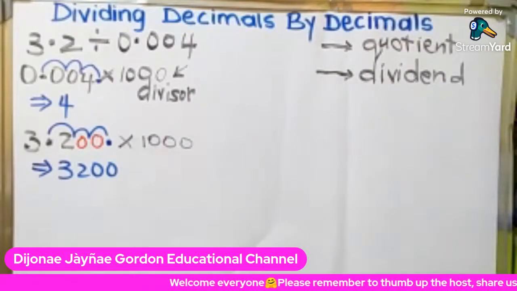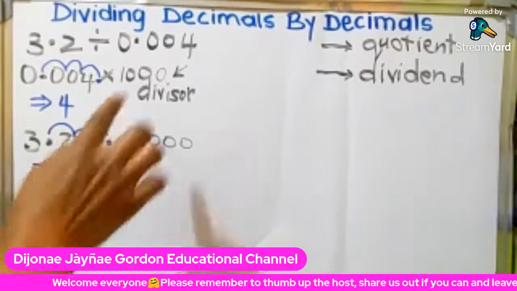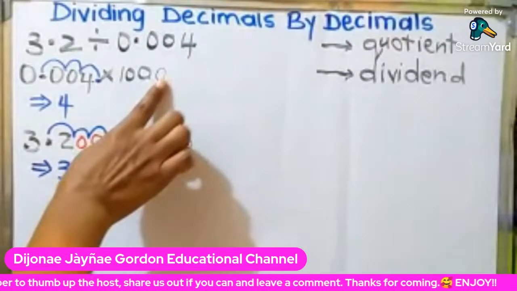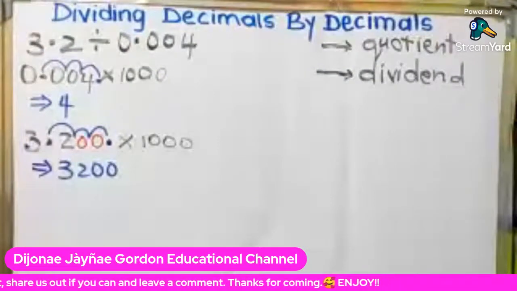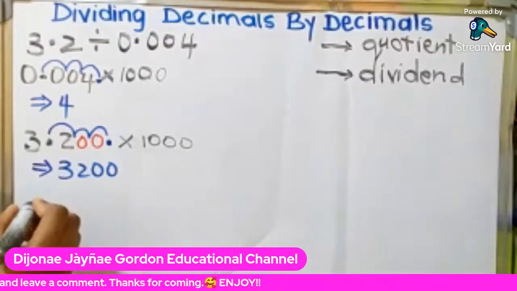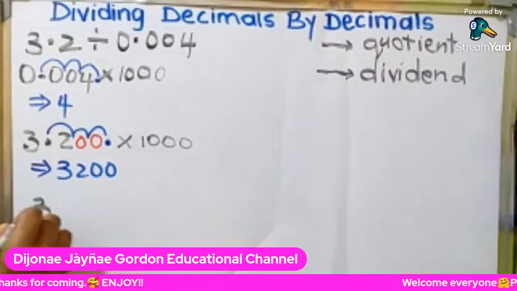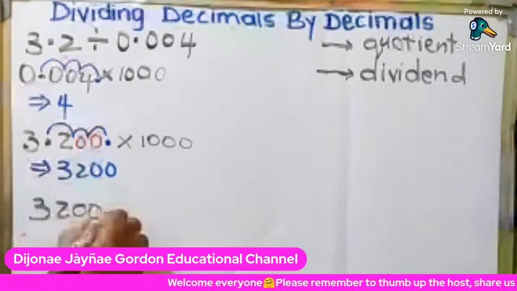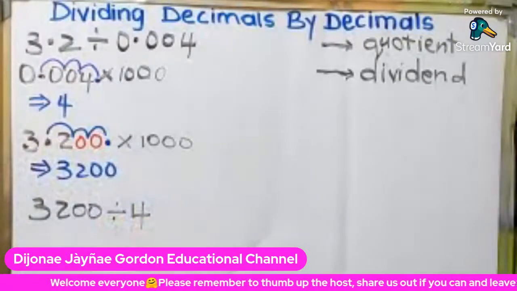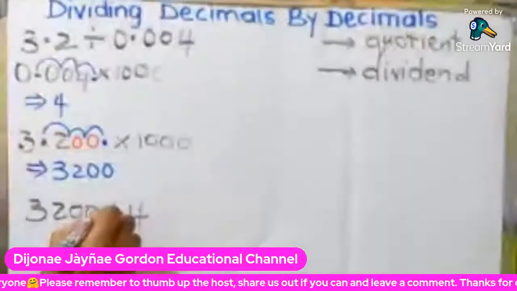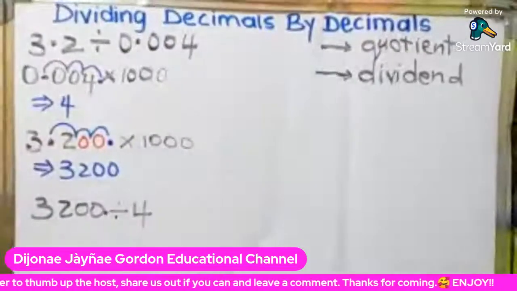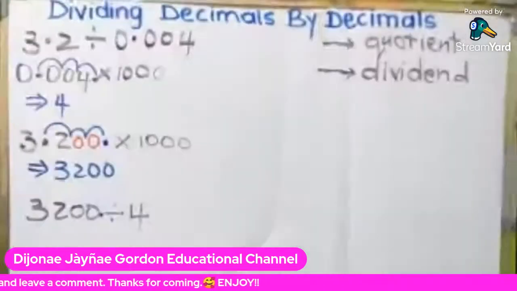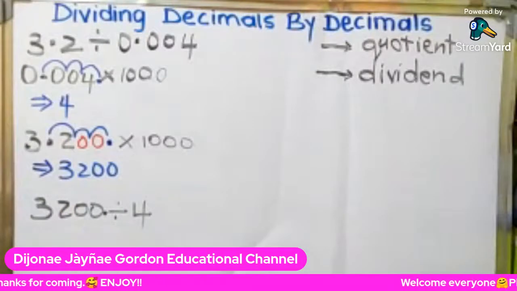All right. So now I am going to rewrite the problem so that you can see exactly what we are doing right here. So this is the problem that we are working with. It is 3,200 divided by 4. And of course, let us put our decimal place right here because remember we're using decimals, but you know that 3,200.0 is the same thing as 3,200, right?